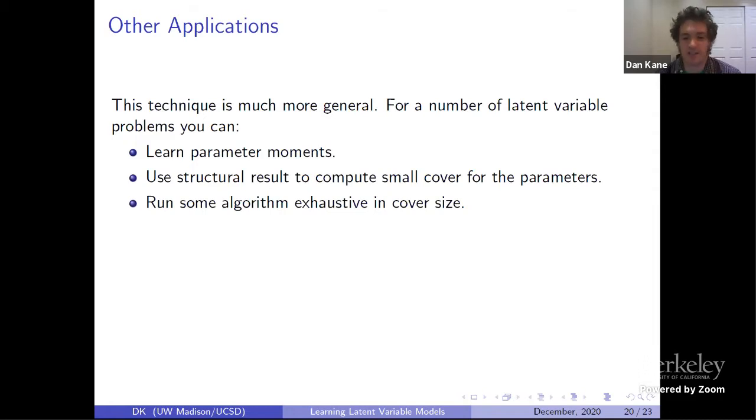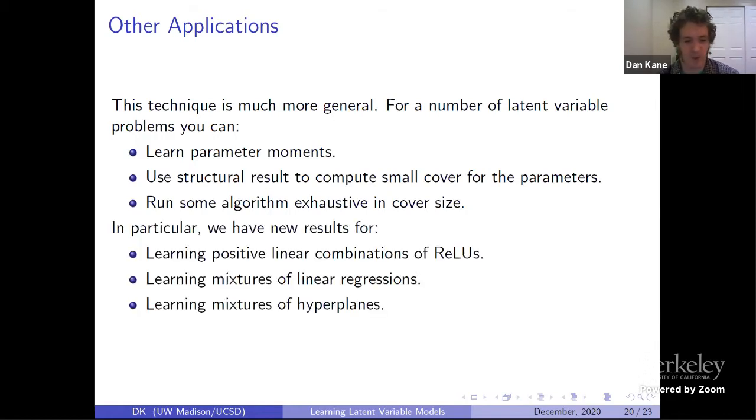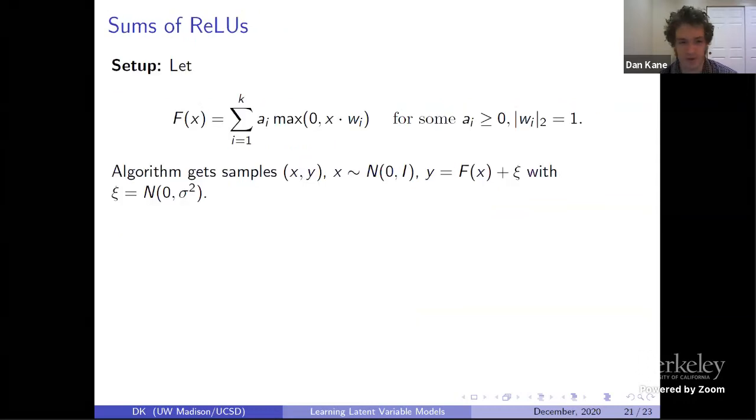And from there, you can run some sort of algorithm that's exhaustive in the size of this cover. In particular, we have new results for learning positive linear combinations of ReLUs, learning mixtures of linear regressions, and learning mixtures of hyperplanes.